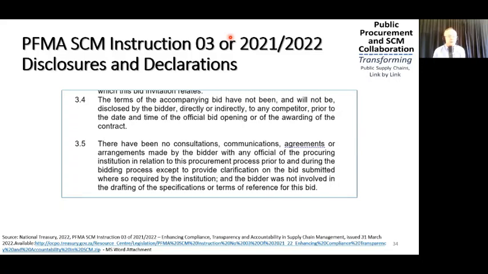Right, yes. And have you been using SBD4 for single sourcing? Yes, we've been using them for single sourcing. And do you think there might be a challenge now with some of these statements on the single sourcing where it says you may not engage in any dialogue?